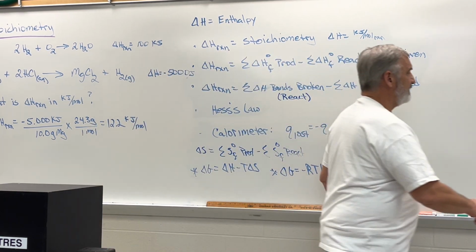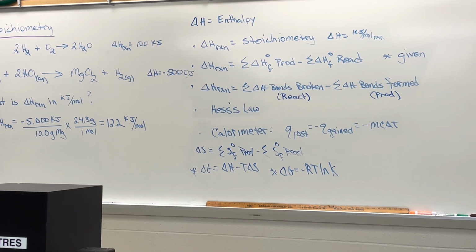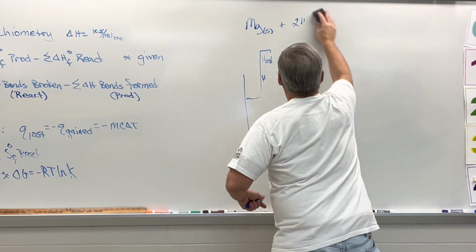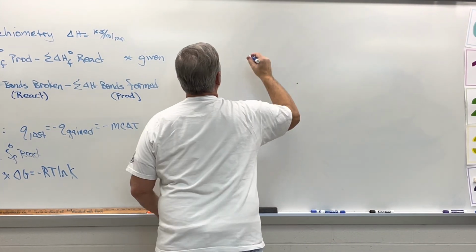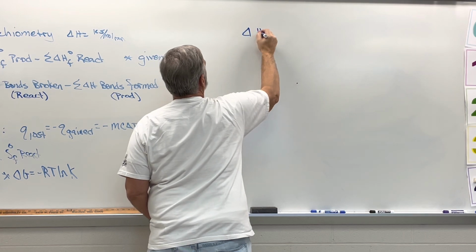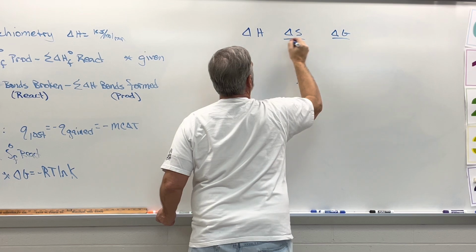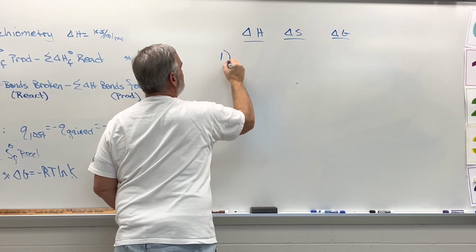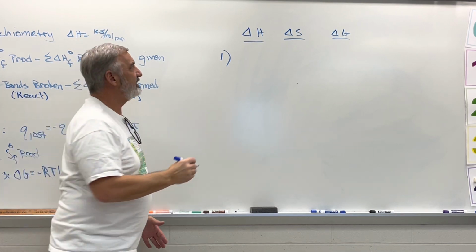Then we have the chart. If we have delta H, delta S, and then delta G, our four scenarios. What's the favorable sign for delta H again? Negative.